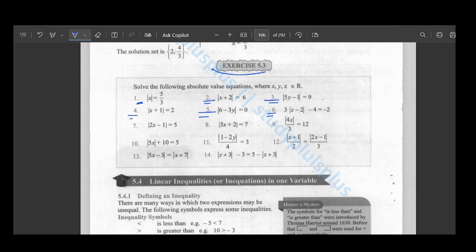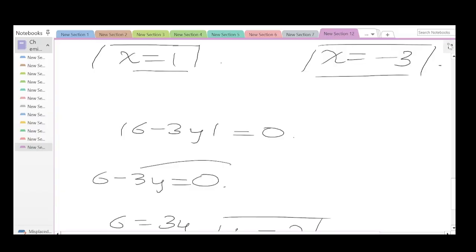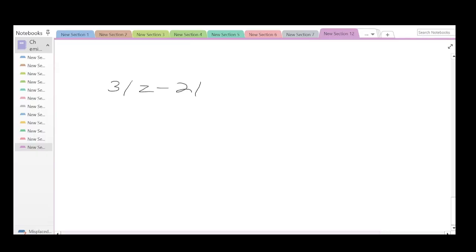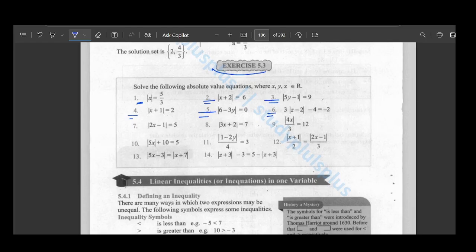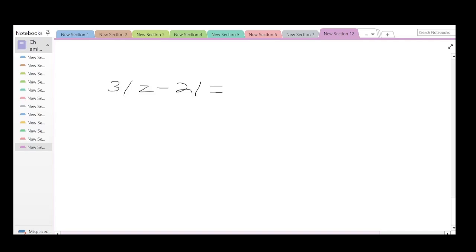Now in question number 6, we have 3|z - 2| - 4 equal to minus 2. So let's write this first. Firstly, we have 3 absolute value z minus 2. After this, we have minus 4, which is equal to minus 2.